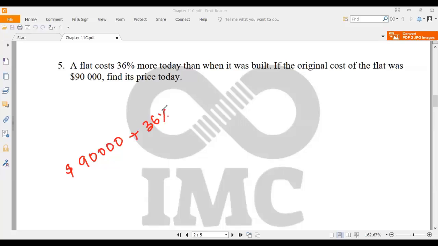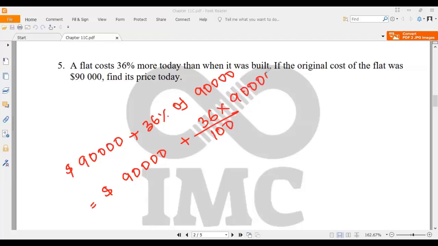So the increased value will be 36% of 90,000. If we add the increased value with the original value, then we'll get the new price. So 90,000 plus 36%, that means 36 by 100 multiplied by 90,000.